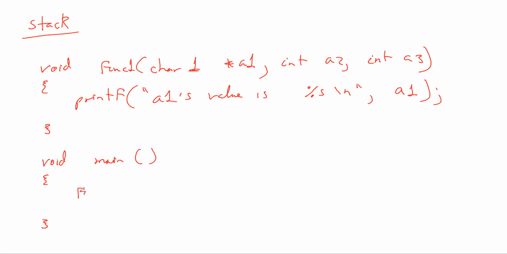So I'm going to call function 1. And then in function 1, I'm going to say hello. That's the value that goes to A1. All right, and then 5 and 6 for the two integers A2 and A3. Okay, so far, this is pretty straightforward, is what you would have expected.